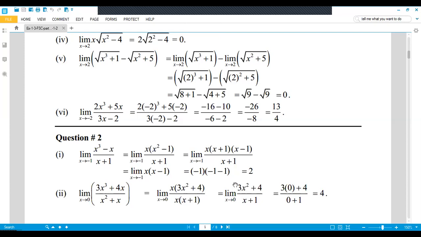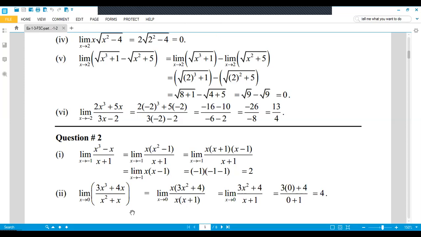The limit is applied on the numerator separately and on the denominator separately. When you apply it on the numerator, in place of x square you put 0, so 3 multiplied by 0 plus 4, and in the denominator in place of x you put 0, so 0 plus 1. So 4 divided by 1 is equal to 4.